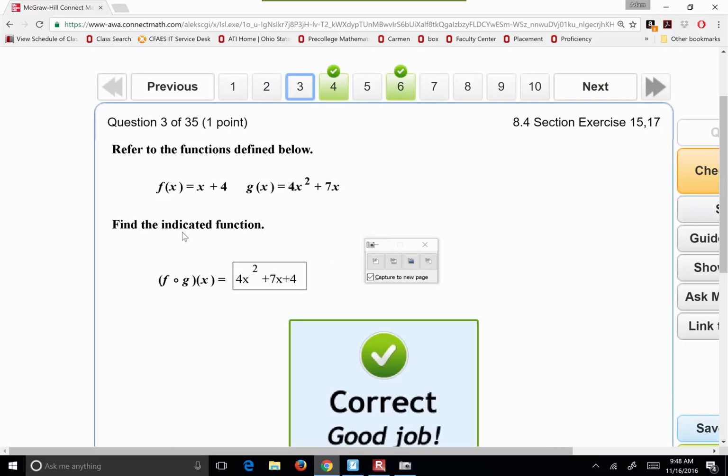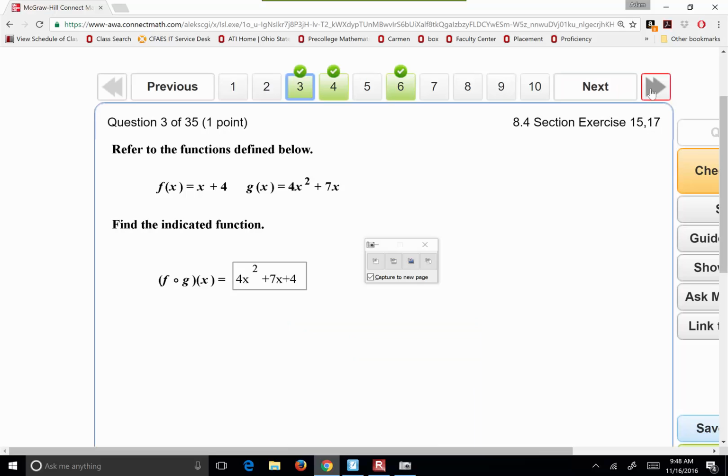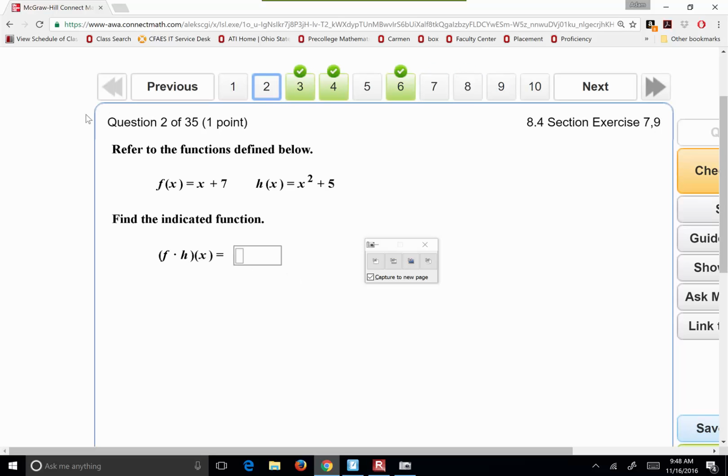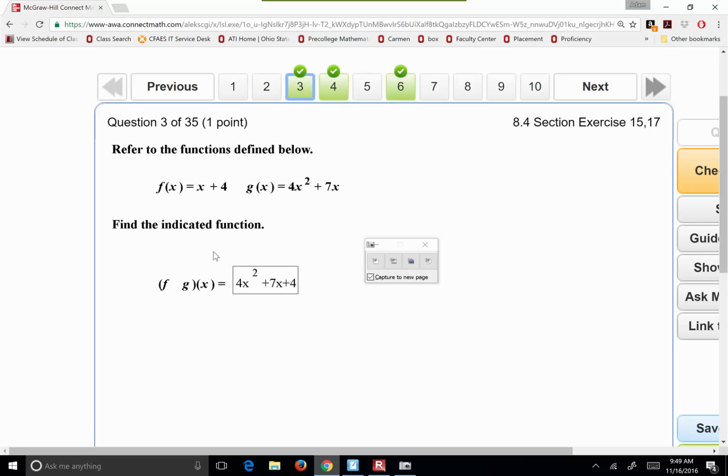Next question. Where is it? What we just did. So you want to do g of f? Yeah. You want to flip the direction?